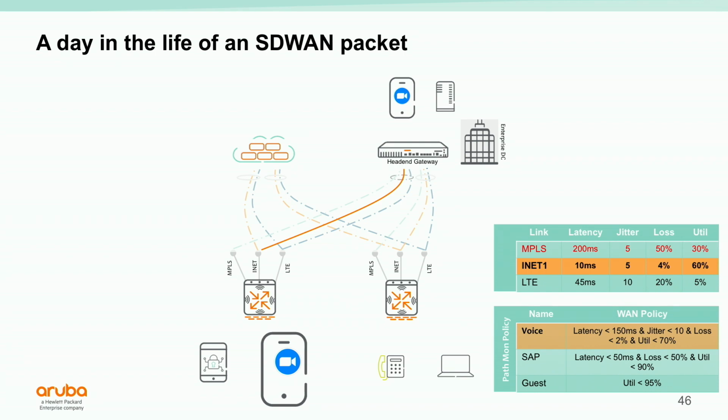So as soon as we figure out there is a problem, we find that there is an alternate available path which is giving you that SLA. We find that internet gives you that SLA. It automatically moves the flows. We will show you that even if you're in the middle of a voice or video call, we don't drop anything. It actually moves it mid-flow, so you're not losing traffic just because we're moving the session from one path to another path.